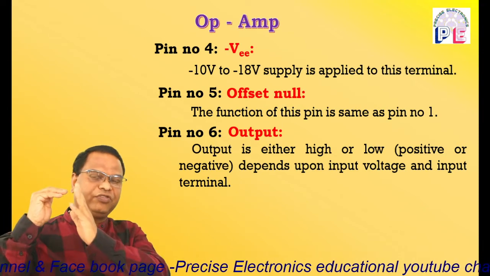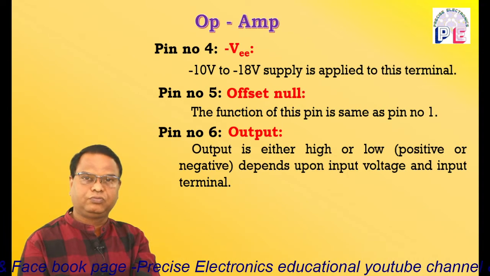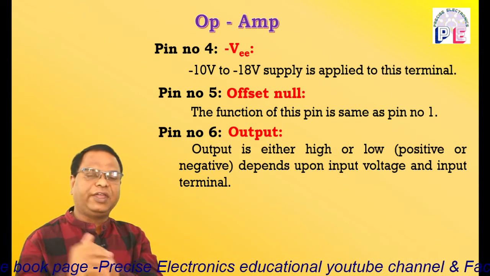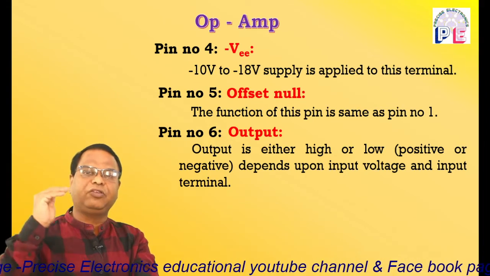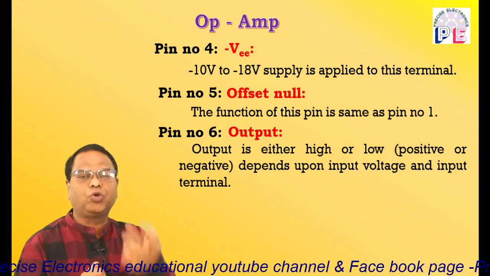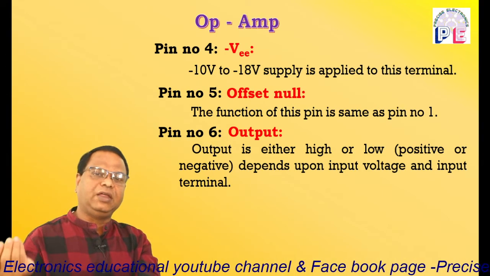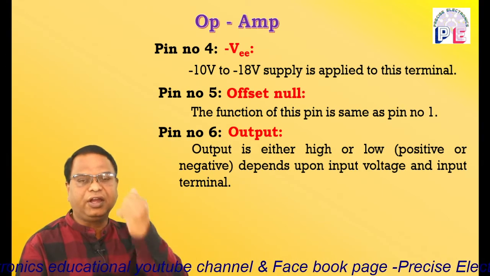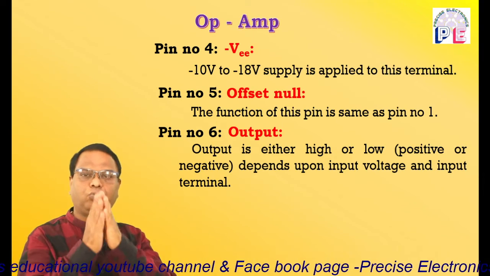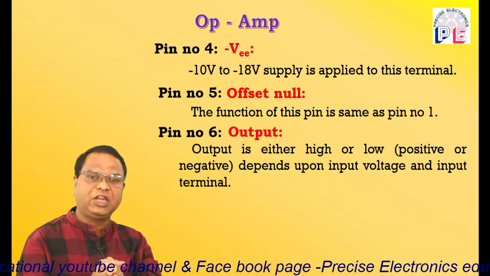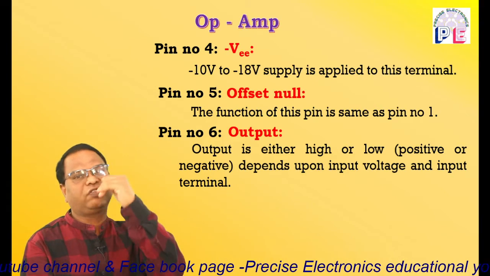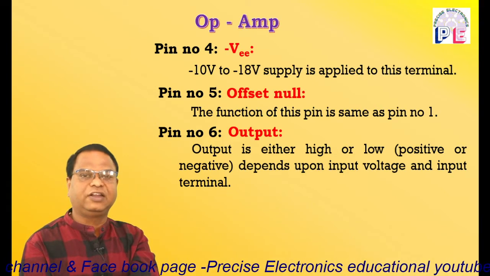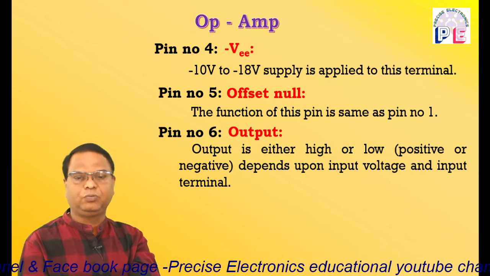And if input is negative, output will be positive. Suppose the input is connected to pin number 3, the non-inverting terminal. If it is positive, obviously output will be positive. And if it is negative, output will be negative. That means output is either positive or negative, depending upon the input terminal and obviously the input signal.